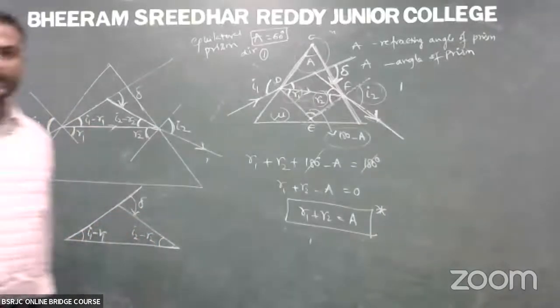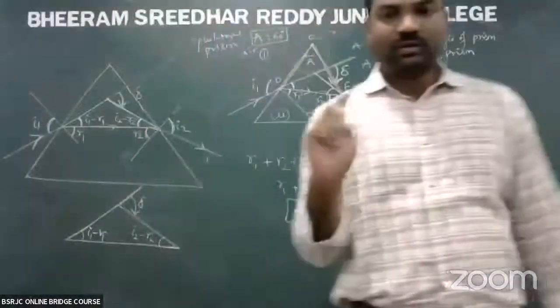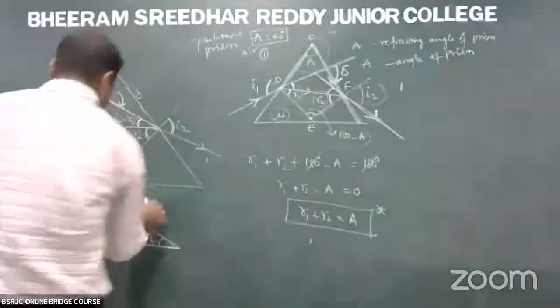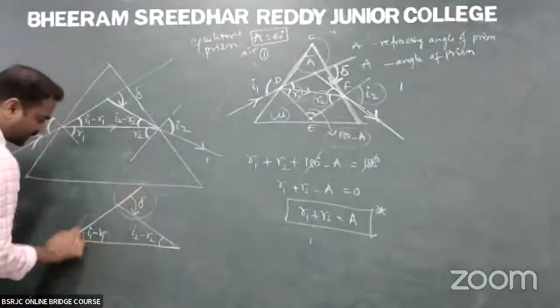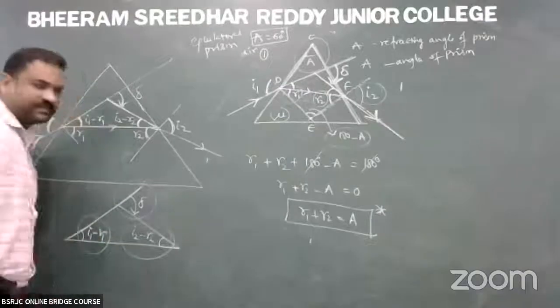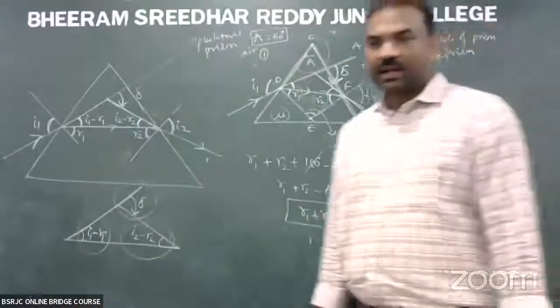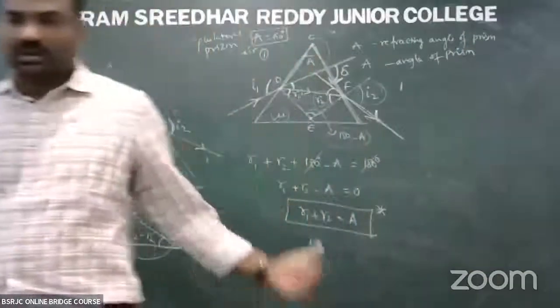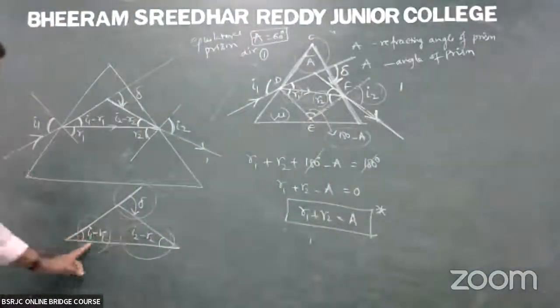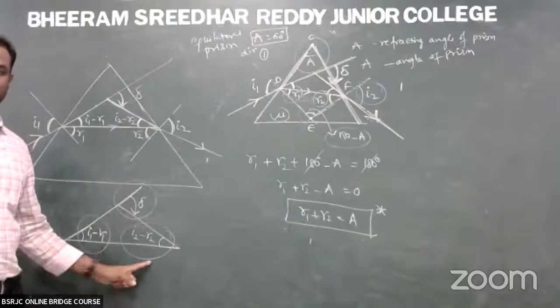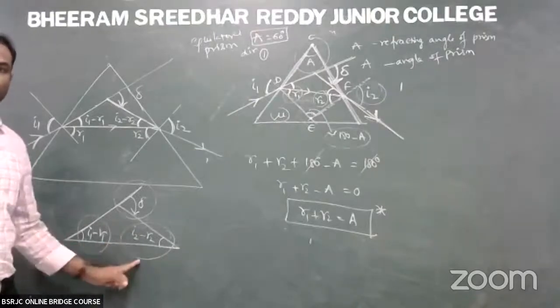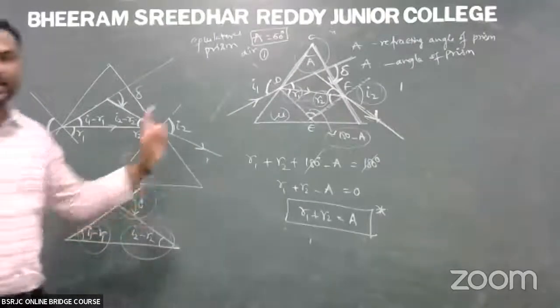You can follow two principles. This is called the exterior angle. These are called the interior angles. These two are called interior angles, or internal angles. This is called the external angle.